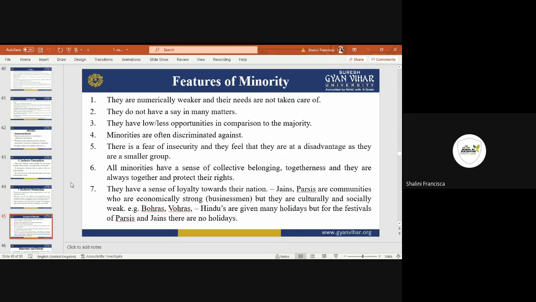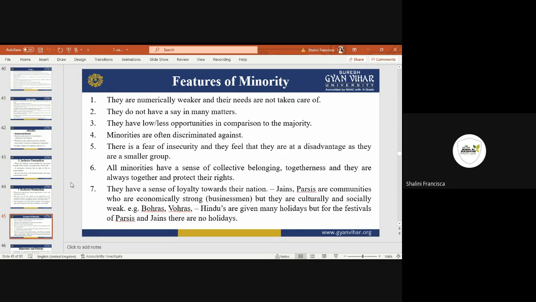Like for putting the reservation quota, why only 5% for ST, why only 5% for SC, why only 5% for Jats, why not 15%, 20%, 30%? And the minority or suppressed groups are not even talked about. Even tribal people are not included in the minorities. They have less opportunity in comparison to the majority.